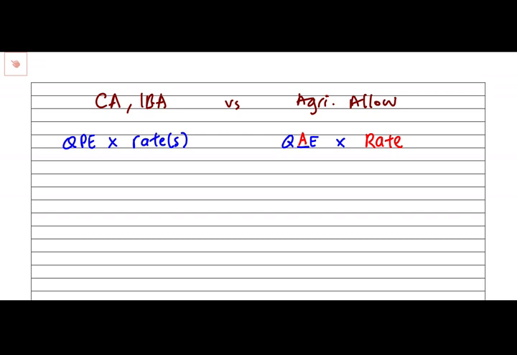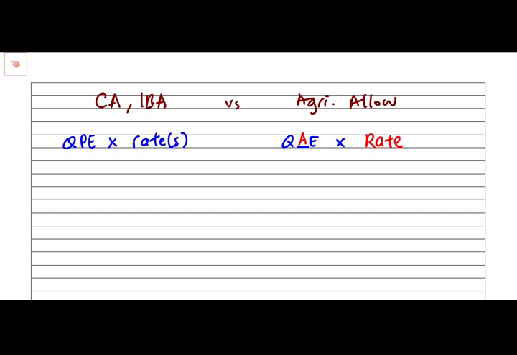That's because for agriculture allowance, we don't actually have initial or annual. So it's quite special, it's quite different, right? There's no initial, there's no annual. So what do you call that? You just call it agriculture allowance. That's it. Now, agriculture allowance itself, they divide it into 3 levels or 3 types of rates, which can either be 50%, 20%, or 10%.